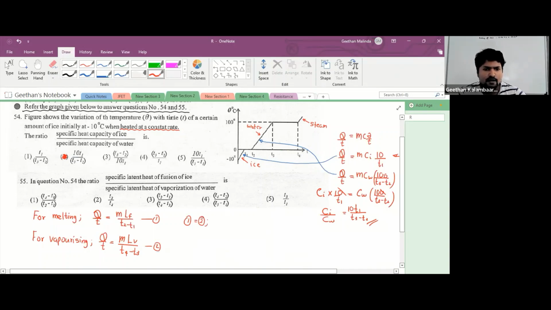They're asking latent heat of fusion of ice, LF, divided by LV, which is T2 minus T1 over T4 minus T3. This is the answer.